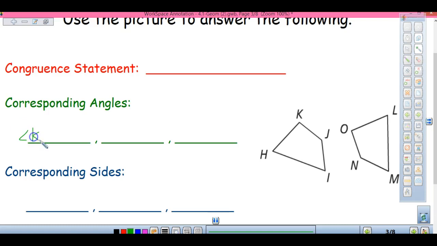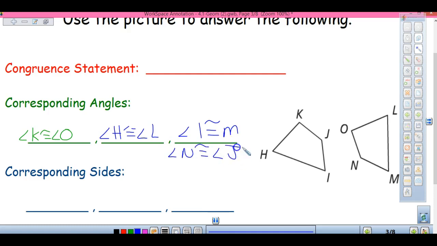Angle K is going with angle, angle H is going with angle L, angle I is going with angle M, and angle N goes with angle J.